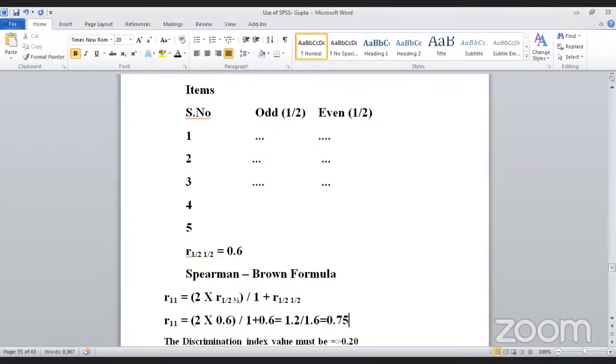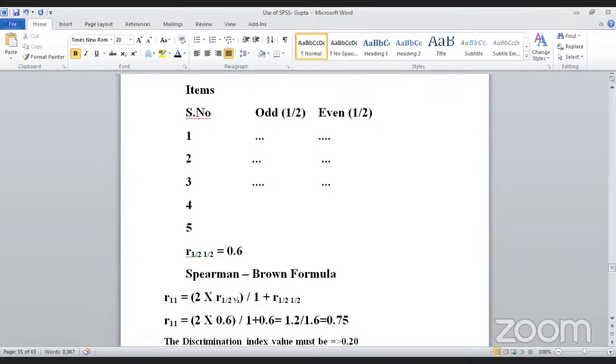So when you want to select the items after the group tryout, then you have to keep in your mind that whether you want to establish the reliability with the help of split half method or test retest method. If it is a split half method, then you have to select the two items which belong to the same aspect.